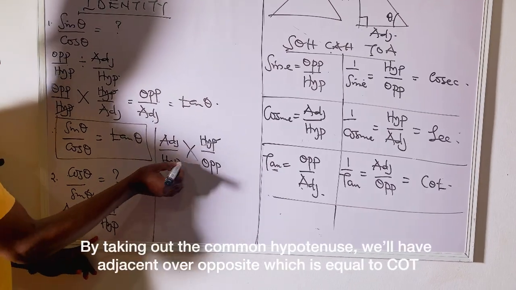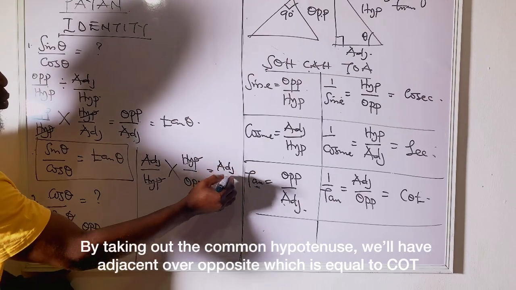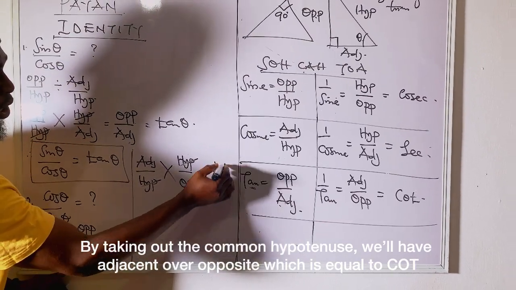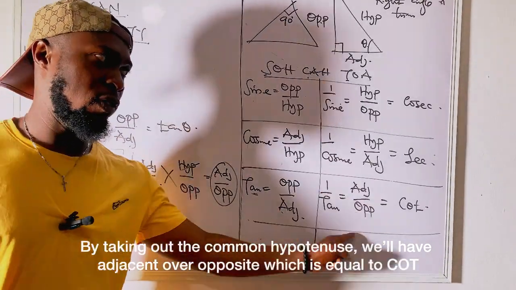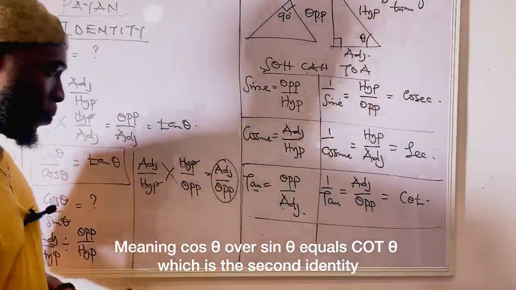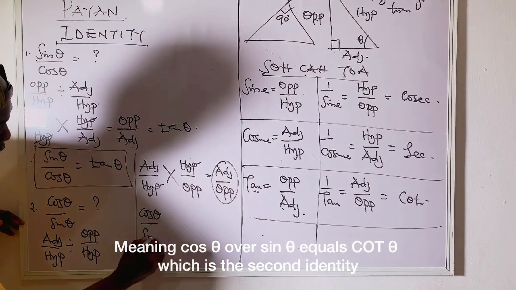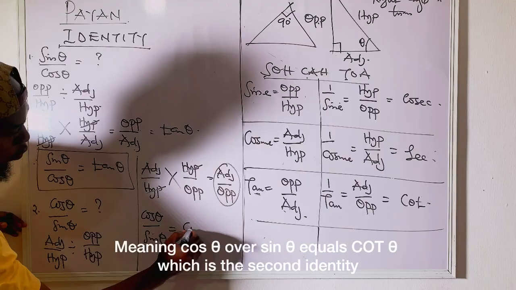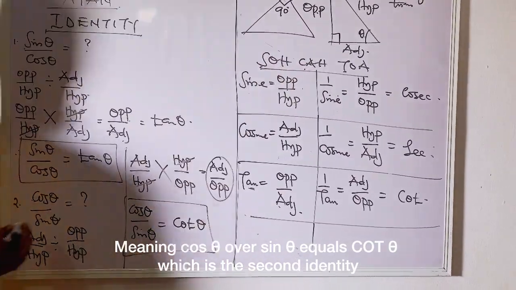By taking the hypotenuses out, we have adjacent over opposite, which equals cot. Meaning cos theta over sin theta equals cot theta. That is the second identity.